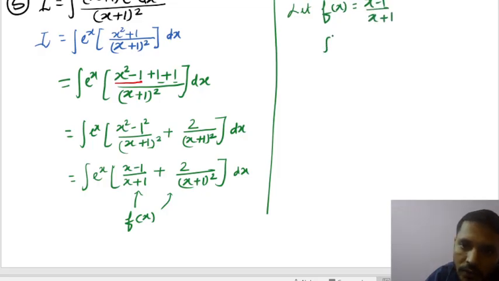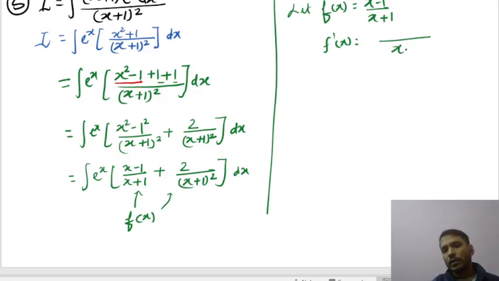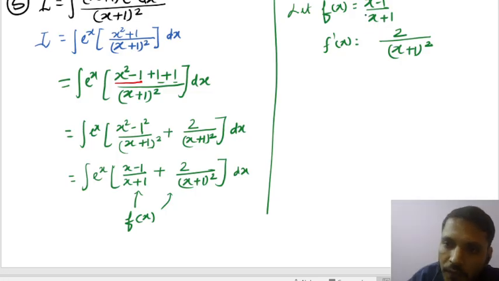So f dash of x, if you apply the division rule here, the quotient rule, you will get denominator whole square, because we are applying the u by v rule, and here you will get 2 only, because x plus 1 differentiation will be 1 and x minus 1 differentiation also will be 1. So 1 plus 1 will be 2. So here we are getting 2. That means this is what we are getting as f dash of x.